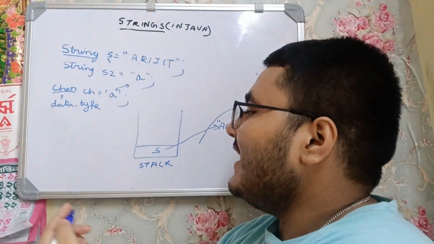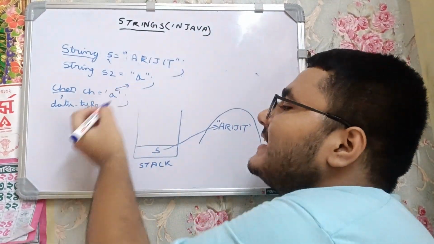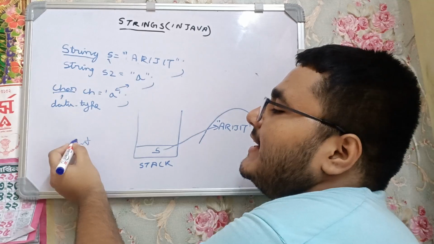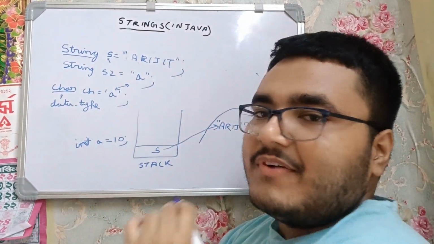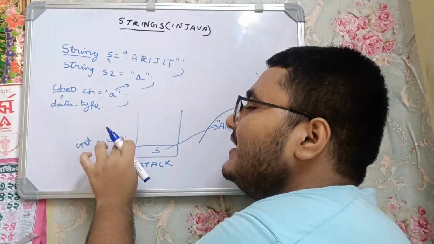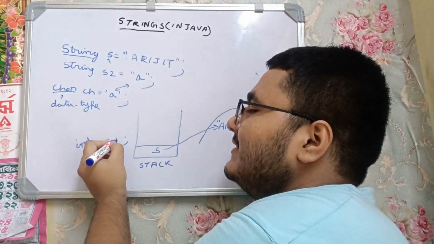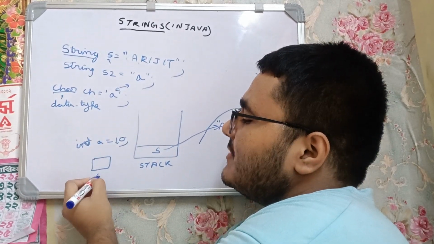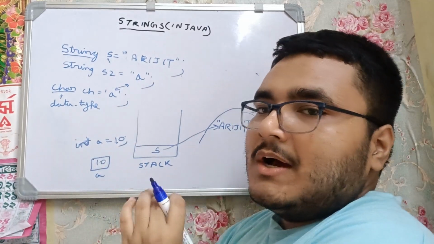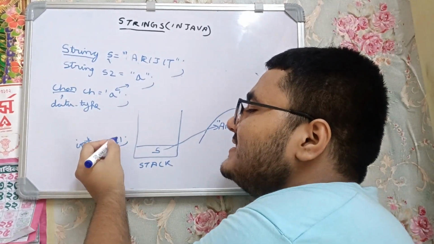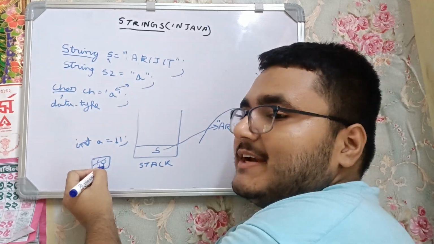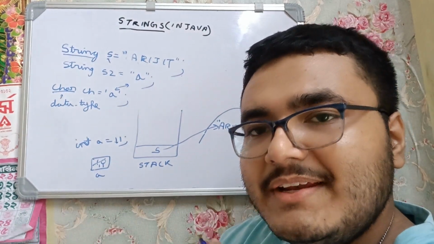Now in other variables, like say I am writing int a is equal to 10. When I am storing a is equal to 10, this is a box and then 10, but again when you write 11, basically this 10 gets overwritten by 11, right?